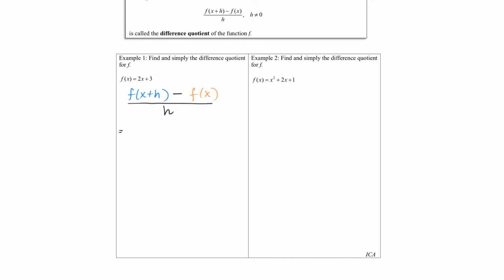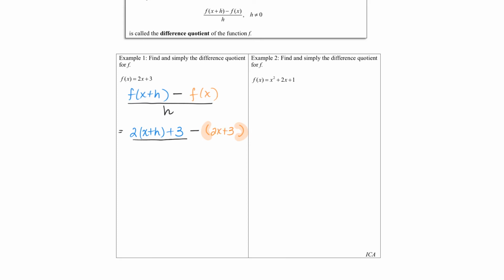So following the rule, 2 times the input, x plus h plus 3 minus, parentheses, critically important here. Please make sure that you're using these parentheses or you're going to get these wrong. F of x is 2x plus 3.